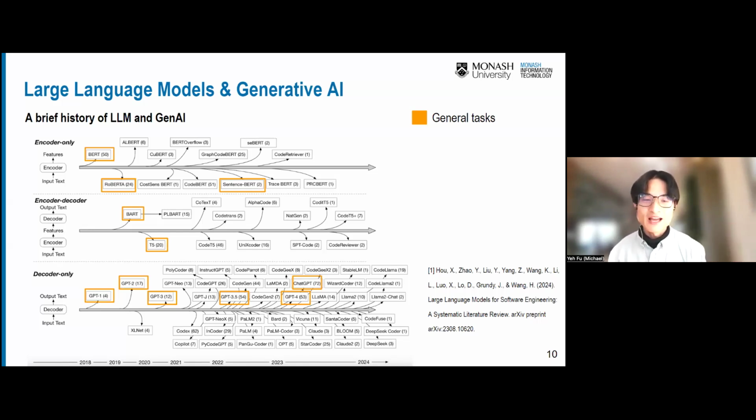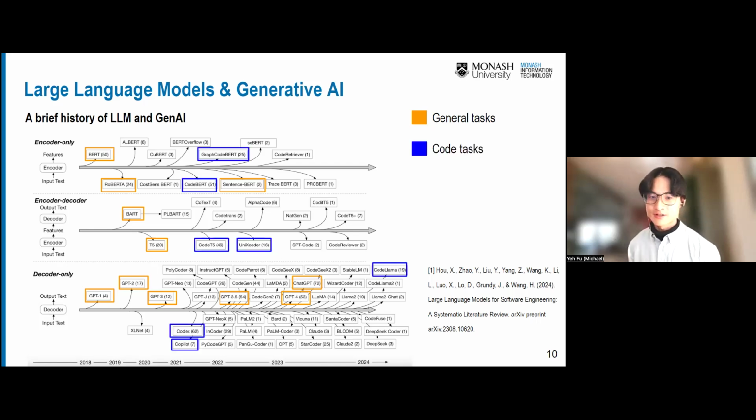But if you ask these general models to achieve some source code related task, like, hey, I want to find out whether this piece of source code has any vulnerability or security issue, it's not going to work that way, because how the model performs depends on what kind of data you feed into the model. So if you want to ask some software engineering or source code related task, you want a model that is pre-trained on code tasks.